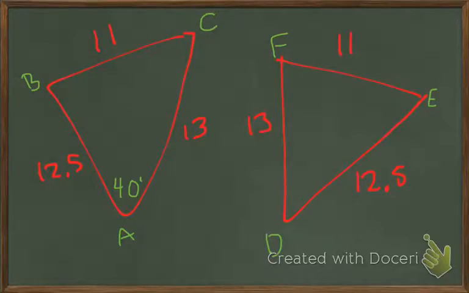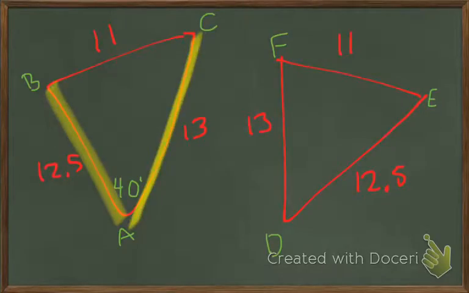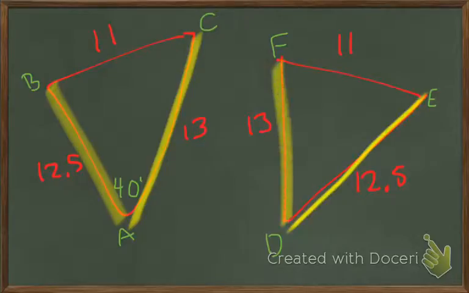This is when you have to understand what is the corresponding angle of angle A in the other triangle. So angle A is between the 12.5 and the 13. Between the 12.5 and the 13 is angle D. So that means automatically we know that angle D is 40 degrees. Likewise, I could say angle C is 50 degrees.